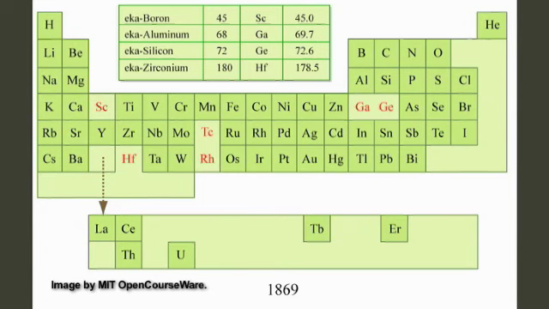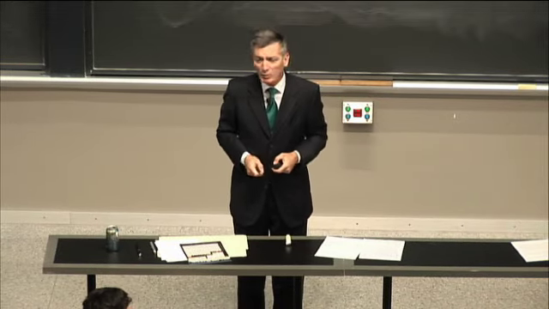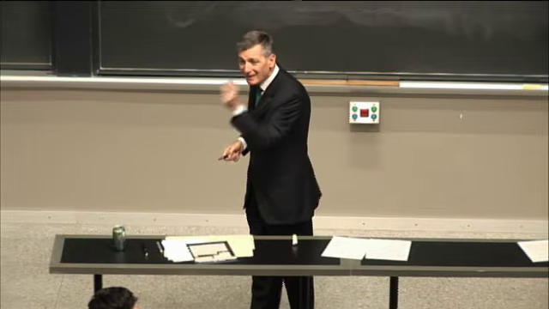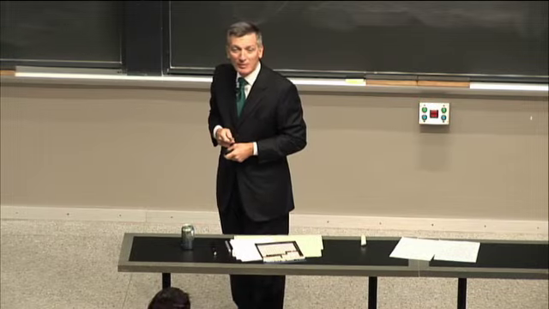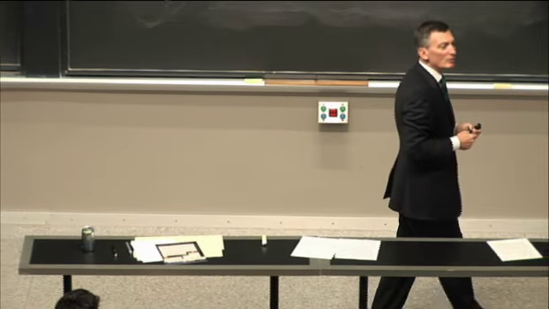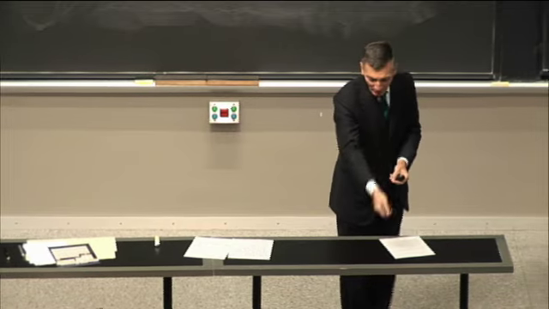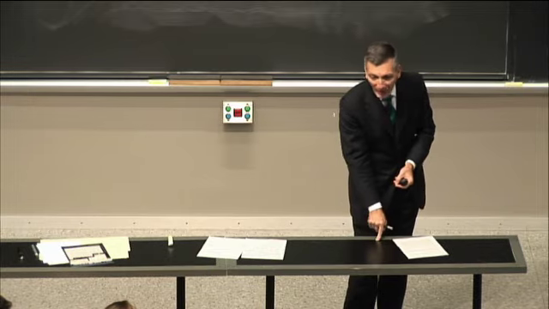There is an element that lies between silicon and tin, and I predict what its mass will be. I predict what its chemical formulation will be, how it will react with oxygen. The predictions. And how did he get this? Because he used to travel by train, and he would sit in the train station on his trunk playing solitaire. And he'd be going down one suit, and then there'd be a gap.